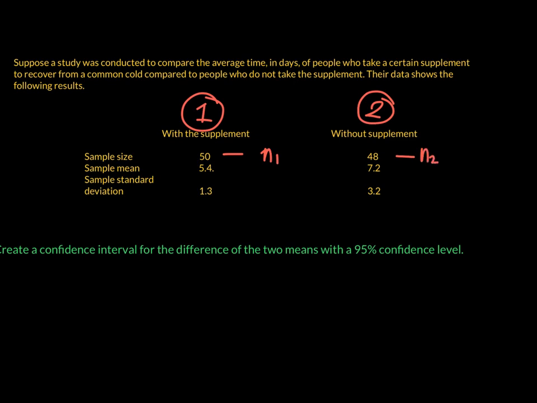Sample mean 5.4 will be x1 bar, and 7.2 will be x2 bar. Sample standard deviation 1.3 is our S1, and 3.2 is S2. The variances are the squares of 1.3 and 3.2.